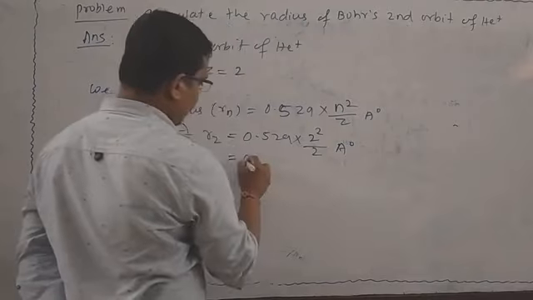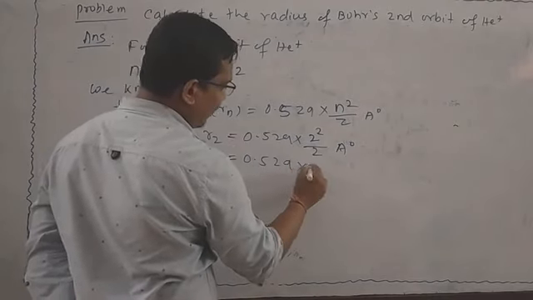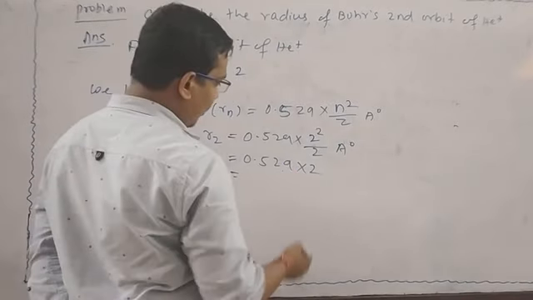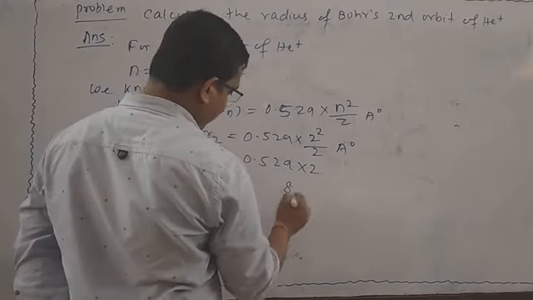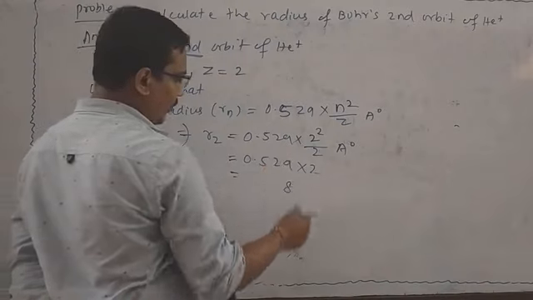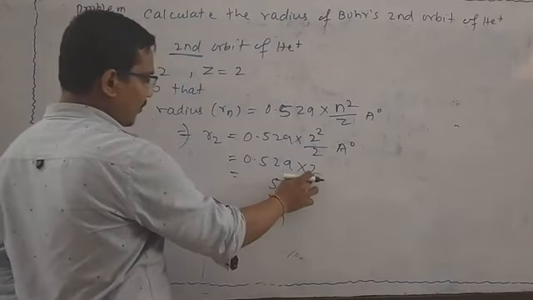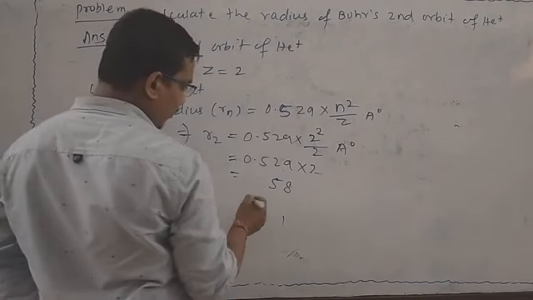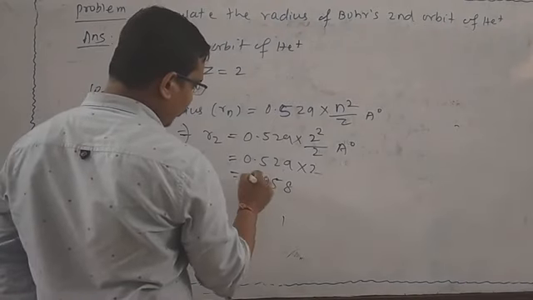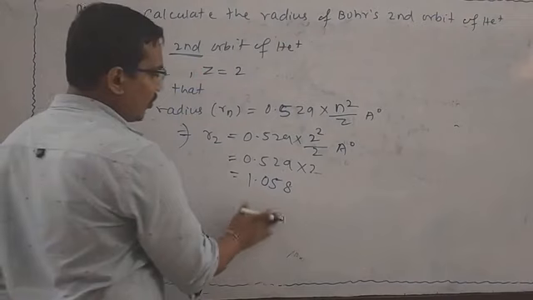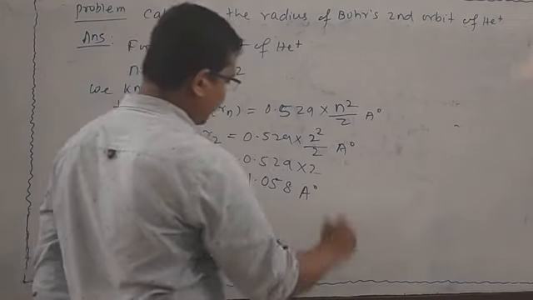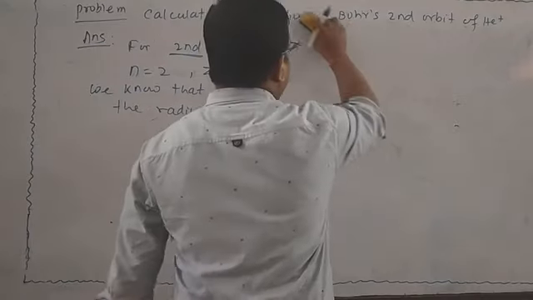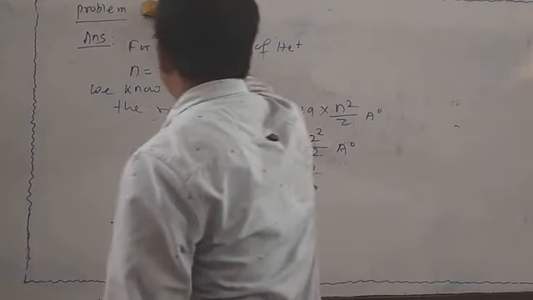How much? 0.529 into 2. Now multiply 529 into 2: 9 into 2 means 18, that is your 1; 2 into 2 is 4, 5; 2 into 5 is 10. That is 1.058 angstrom. This is the answer.